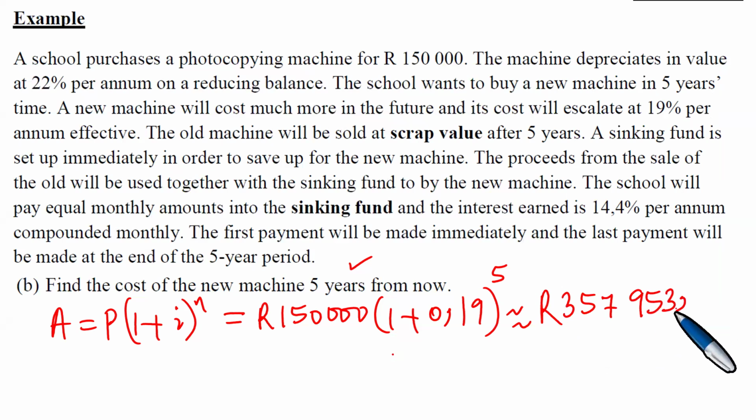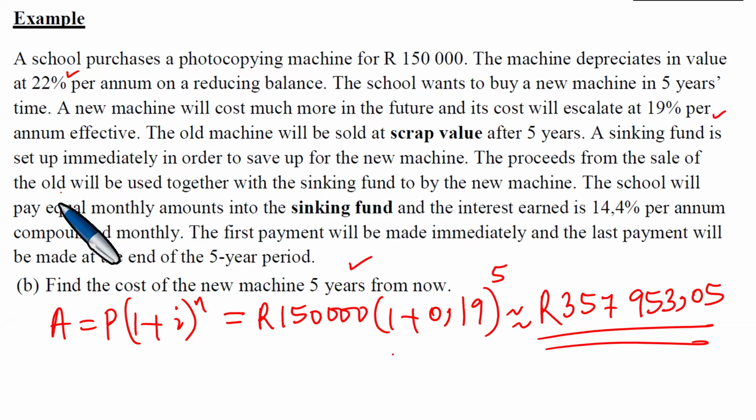357,953 and 05 cents. Now, a couple of things here, because we're saying the machine depreciates in value at 22%, but a new machine will cost much more in the future, and it will escalate at 19% per annum effective. So it is effective interest, and therefore, now the escalation.